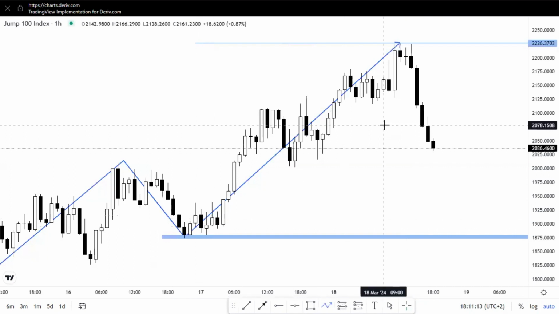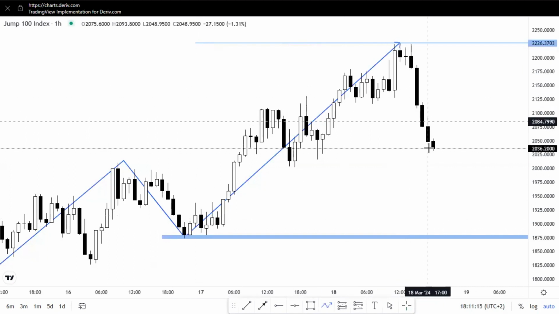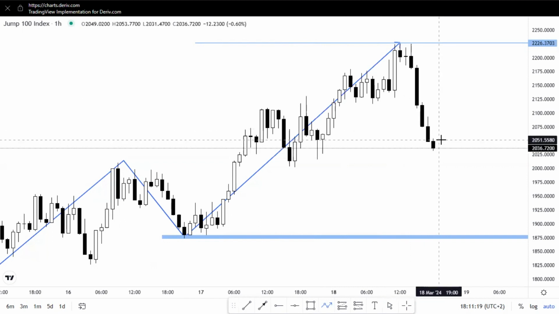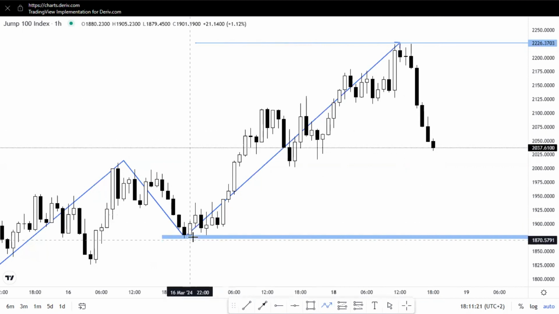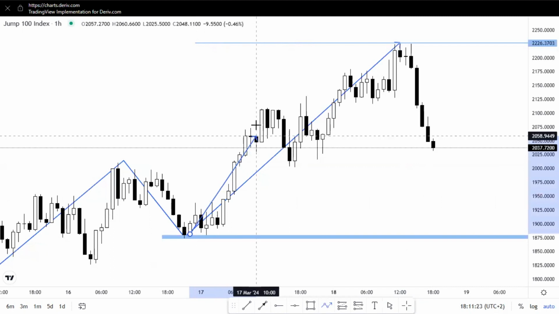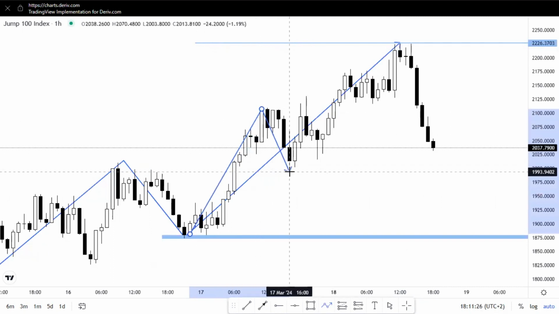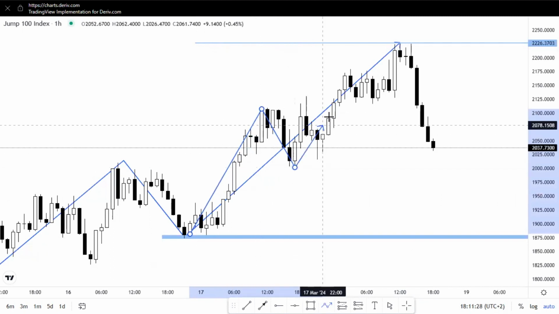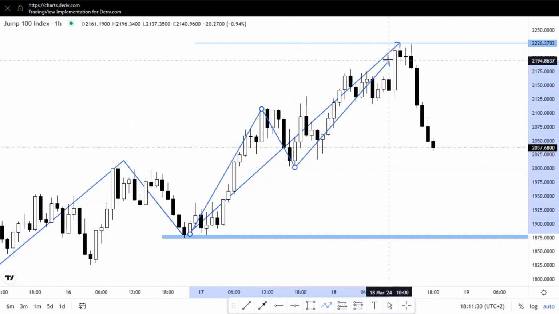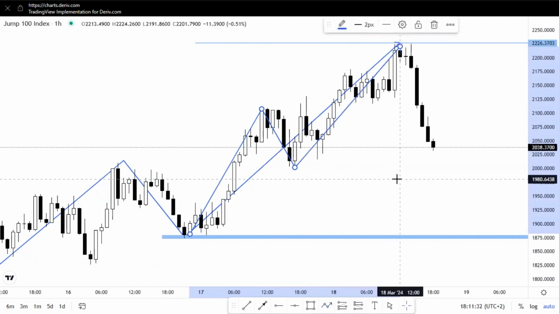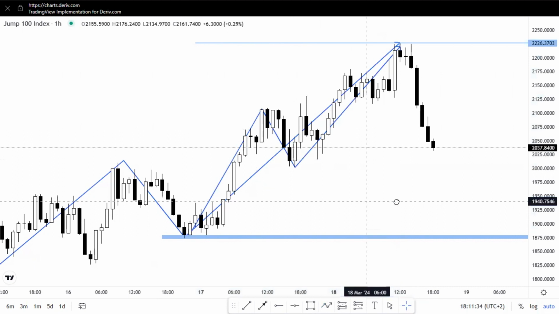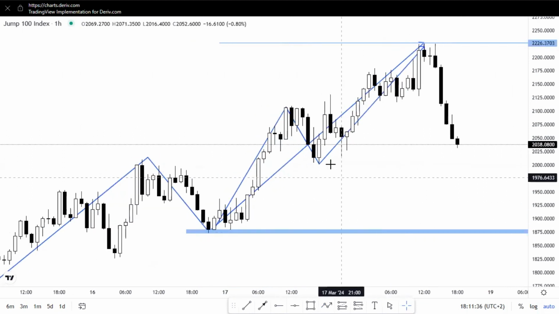For now you just see this as selling, but you don't necessarily know where it might go. Understanding the inside structure between the higher high and the higher low might help us understand that. So for now, this is what we have.